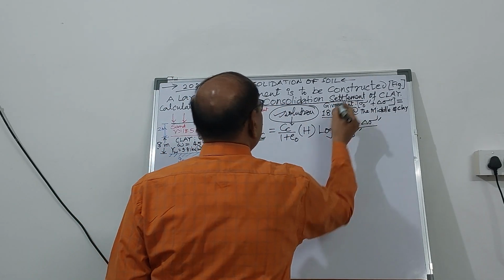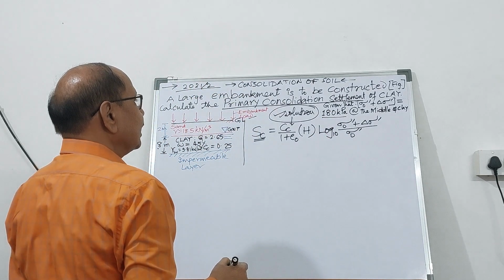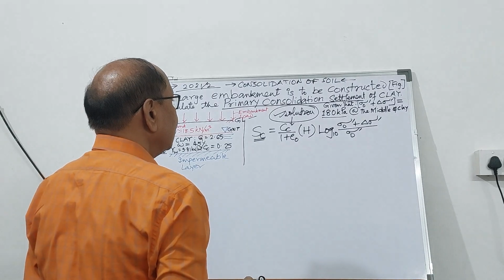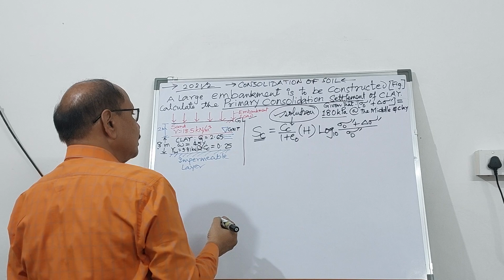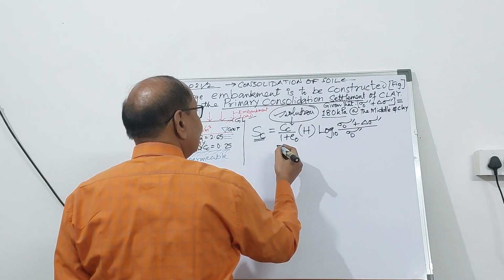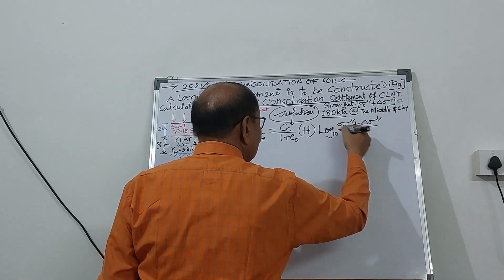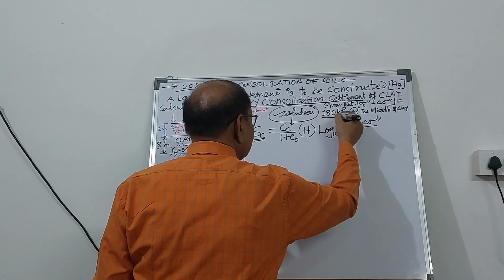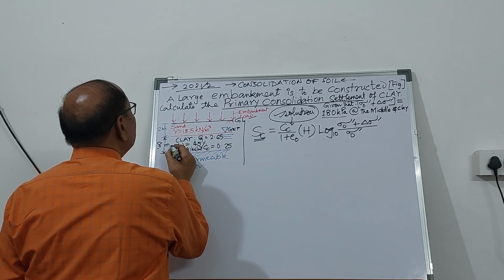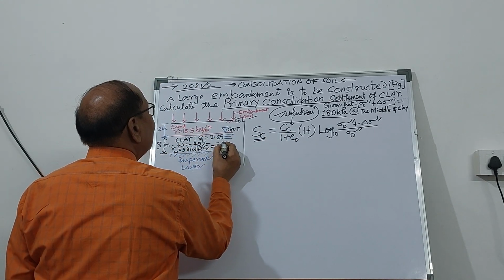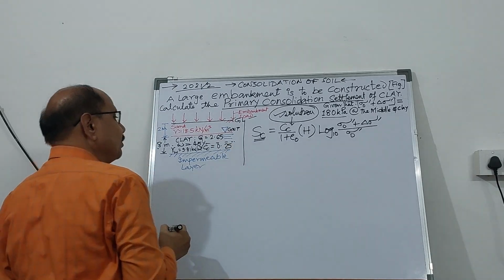So we need to find out Sc of the given clay, and the formula is known to us. Here what is given is, due to loading, the total effective overburden pressure at the middle of the clay layer, which is of 8 meter.